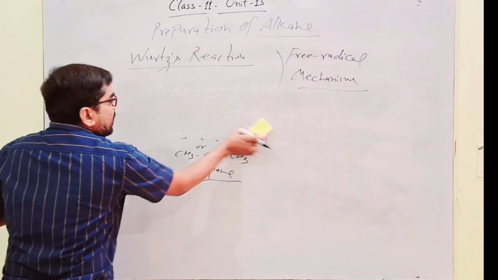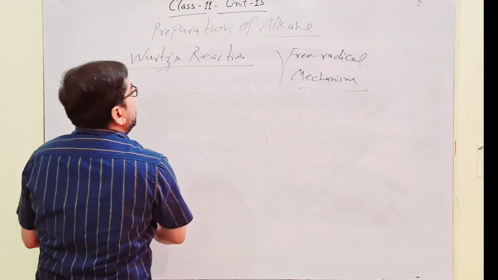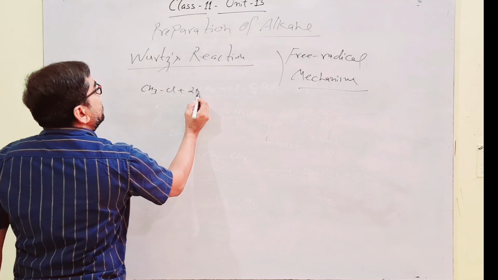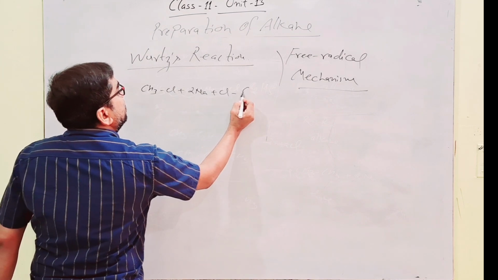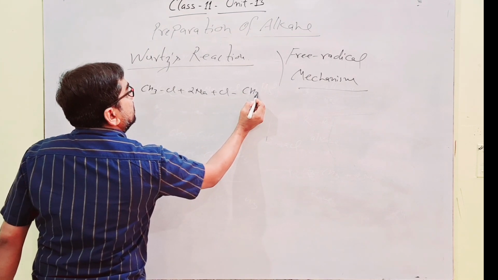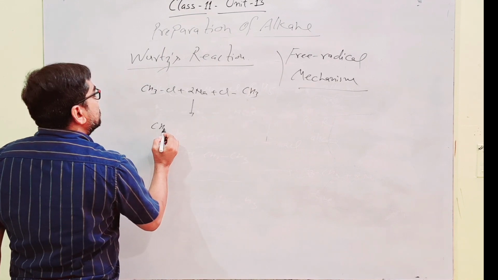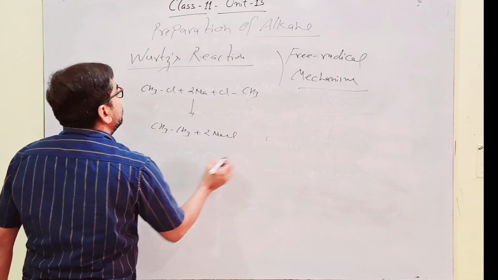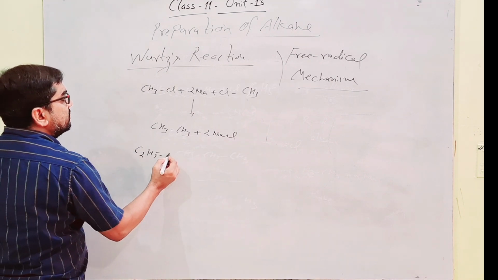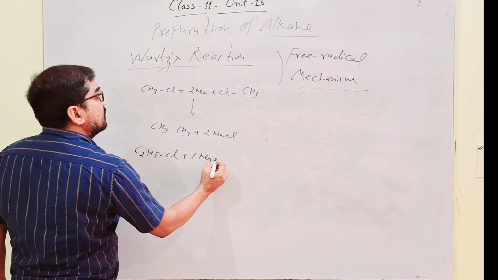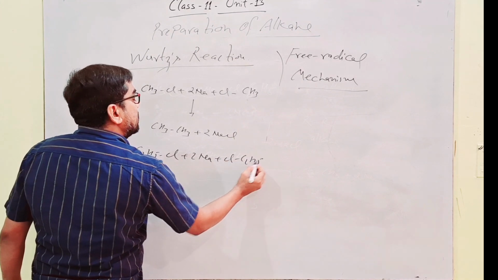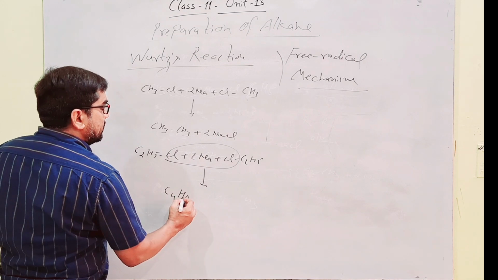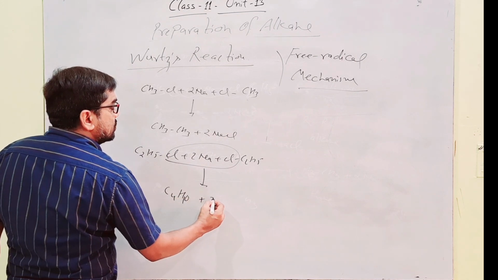Along with CH3 and C2H5, 2 CH3 get joined and result in ethane with 2 NaCl, and 2 C2H5Cl with 2 Na forms C4H10 plus 2 NaCl.